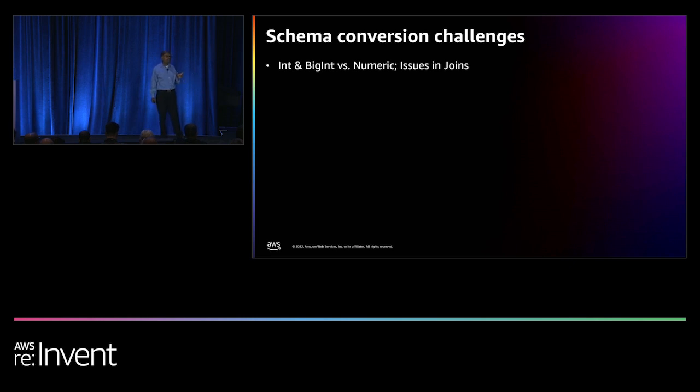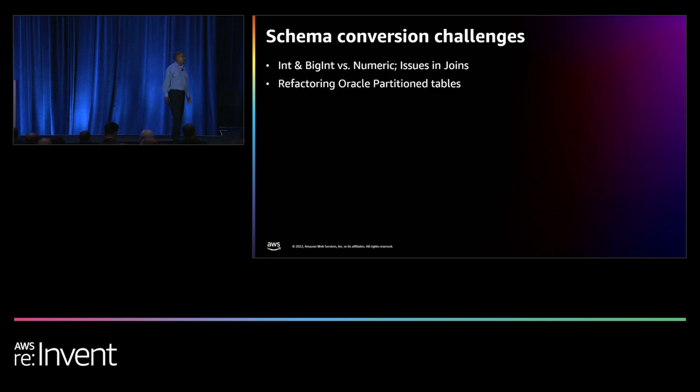The problem with numeric is it takes 256 bytes, and if that field is used for joins in your SQLs, the SQLs will be slow. So we had to manually tweak some of them to int or bigint, depending on whether it was 4-byte or 8-byte, or a floating point, however we needed it in our application.